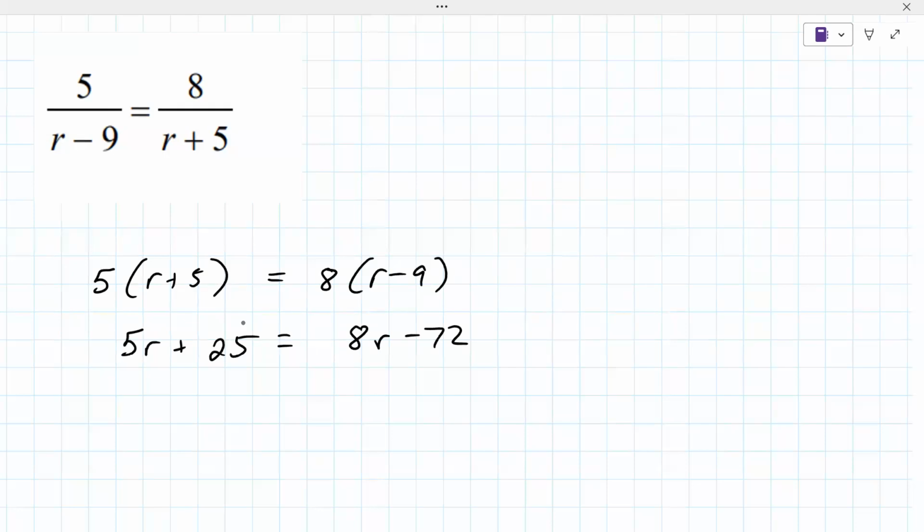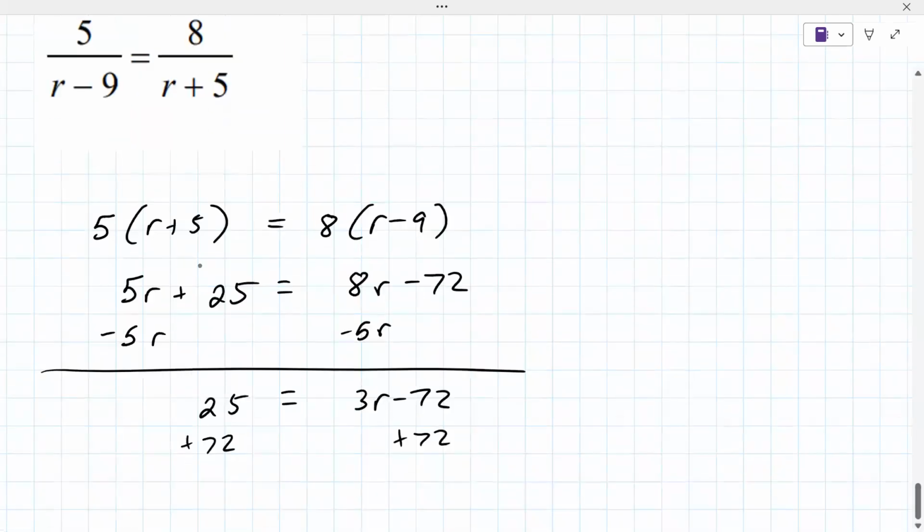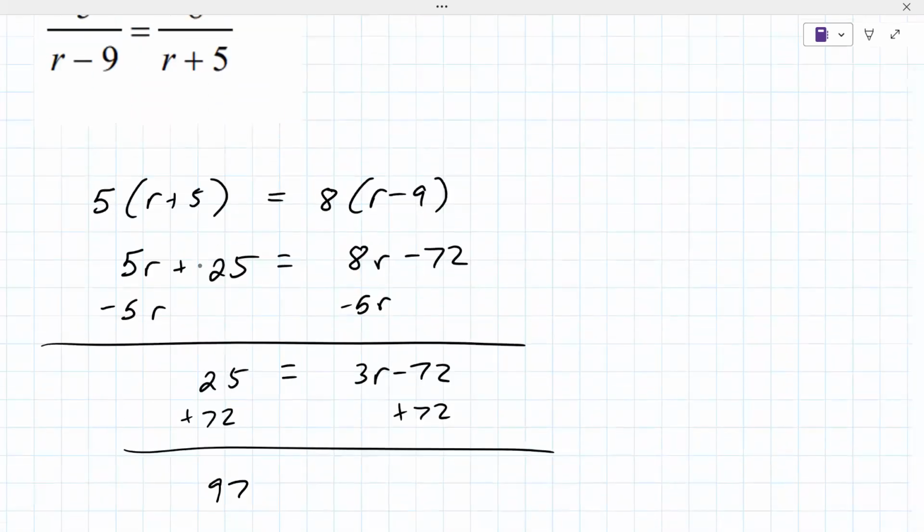So from here, you have to move from the smaller to the larger. What's the smaller in this case? The smaller is 5r. So we're going to subtract 5r from both sides of the equation. 25 equals 3r minus 72. So we're going to add 72 to both sides. So that's 97 equals 3r.